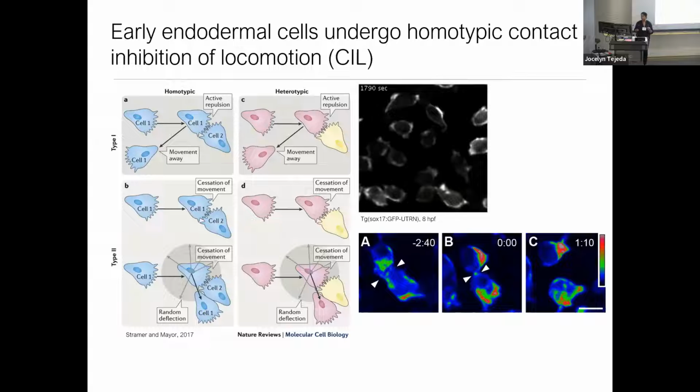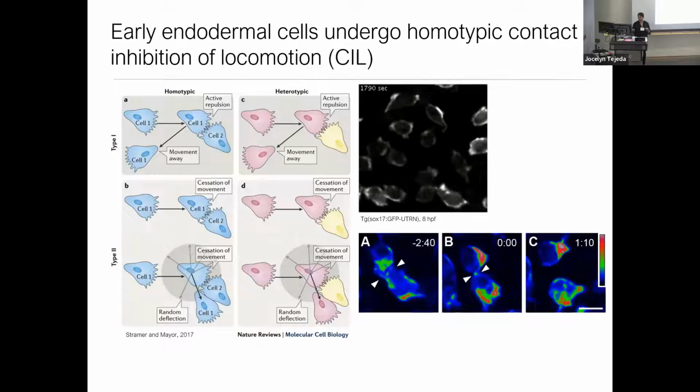We can look at that a little more clearly in these still images. These are taken from this exact same movie, but now pseudocolored. These cells are expressing a fluorescent actin reporter, so what we're looking at is the amount of actin content within the cell at different points in time. We noticed a very characteristic sequence of events: upon colliding with another cell, you get a rapid loss of actin content at the site of contact.